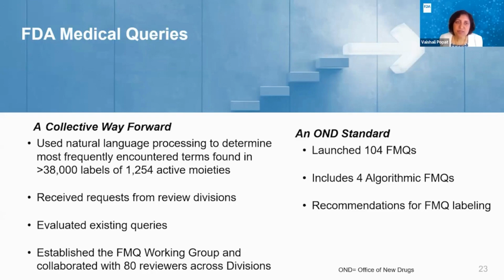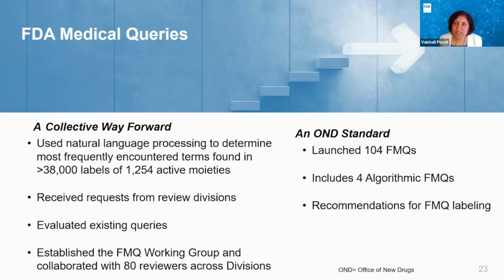To find that out, we used natural language processing, and we processed more than 38,000 labels of 1,254 active moieties and took the top 60 terms to start with. Of those 60 terms, we ended up developing queries on 54 of them.